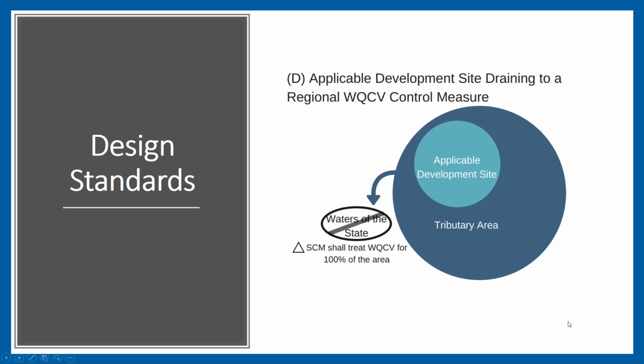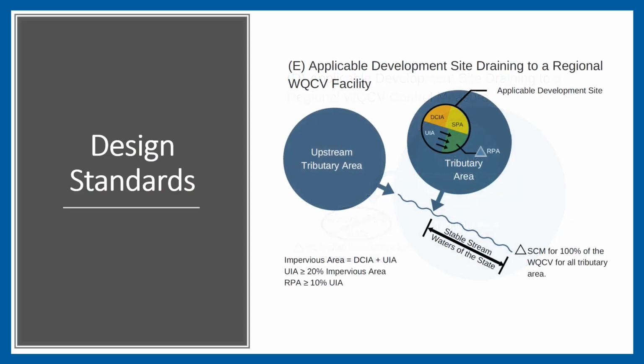The second regional design standard is when your SCM is located in the stream, in waters of the state. This says that, consistent with the last one, the SCM is sized for 100% of the WQCV for the entire tributary area, everything that drains to it. But you also need to do something else.